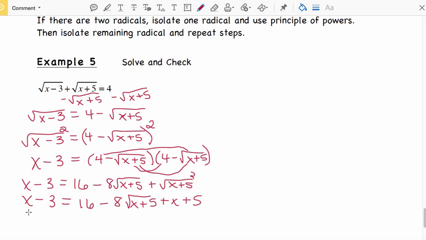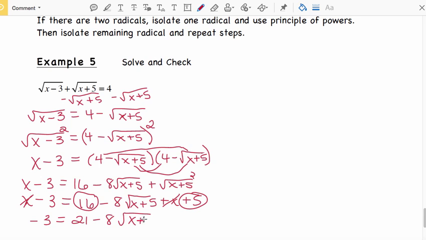I see though, before I do that, just because I really don't have a lot of space to do this problem, I'm going to end up subtracting this x to move it to the other side, and those guys are going to drop right away. So I'm going to combine the 16 and the 5 then. 16 plus 5 is 21.